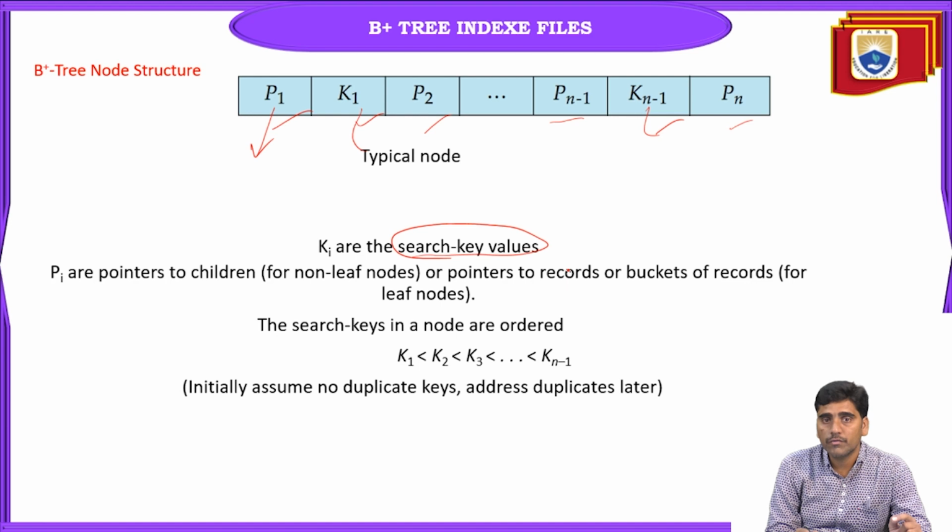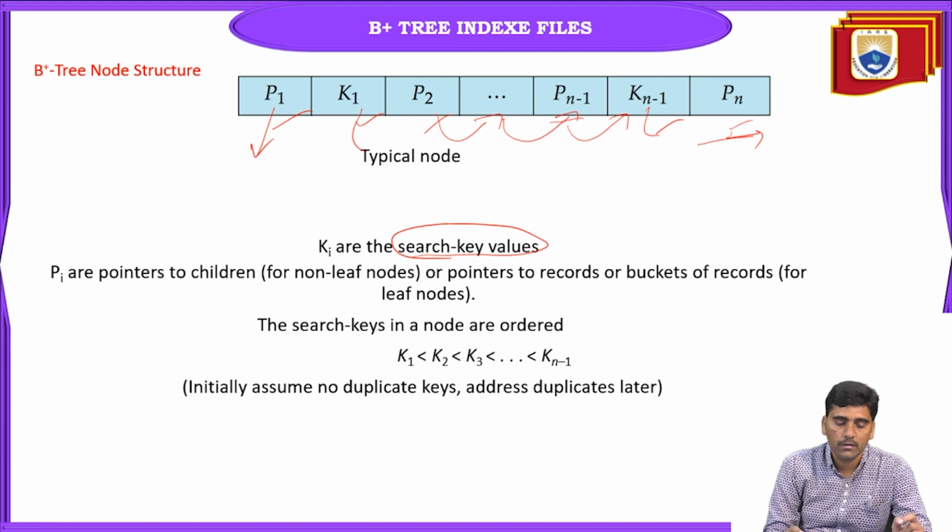Each pointer points to the next search key, and each search key is followed by the next pointer. Like that, the end of the structure is pointed to by the last pointer.